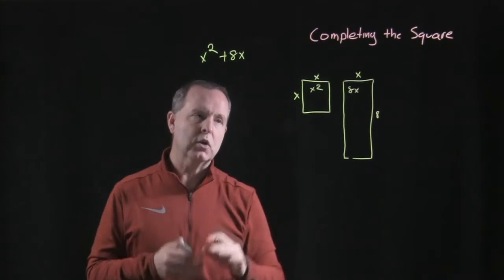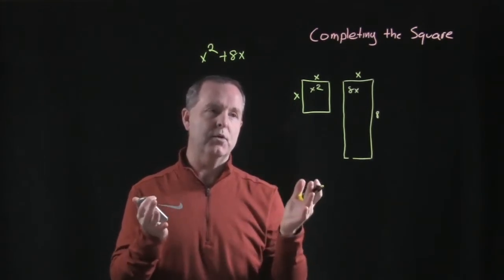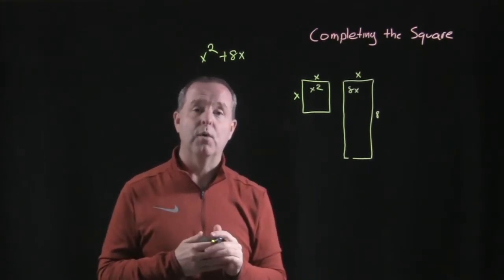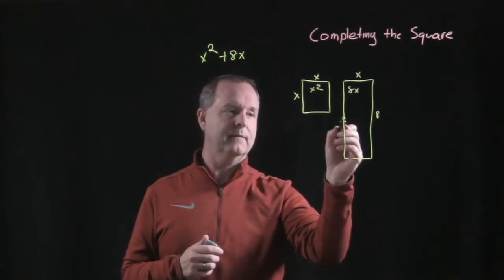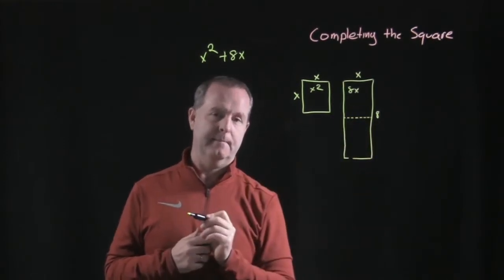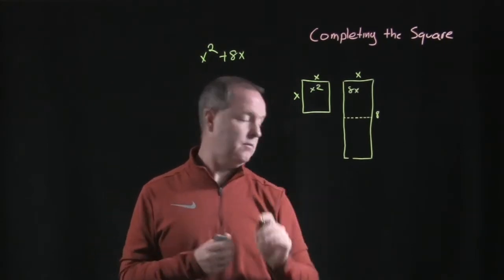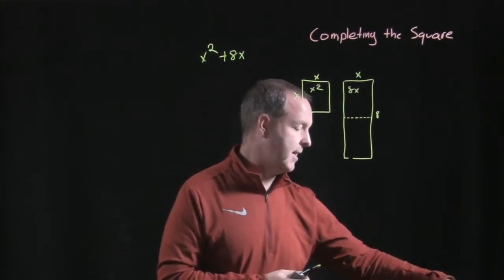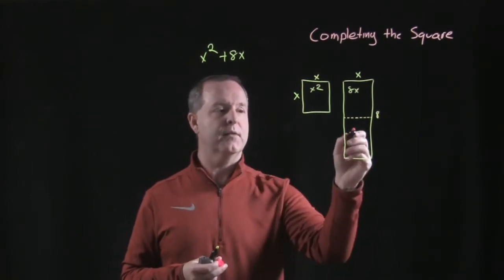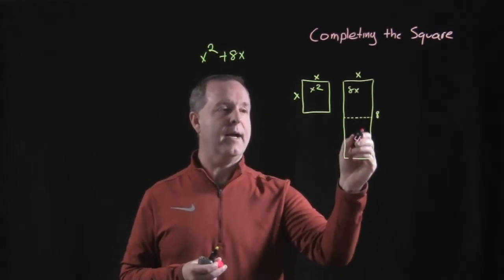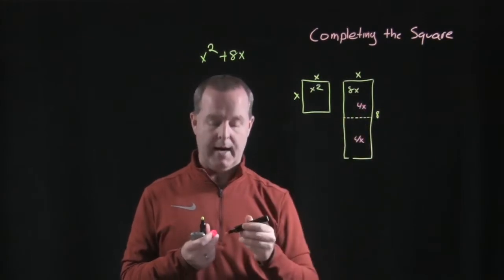All right, so let's go on now and imagine what I'm going to do next with this. Let's take this 8x and divide it in half. Each one now is an area of 4x, and this is an area of 4x.